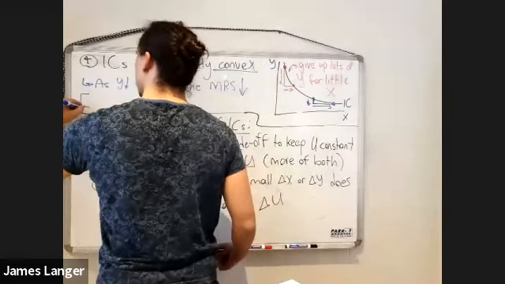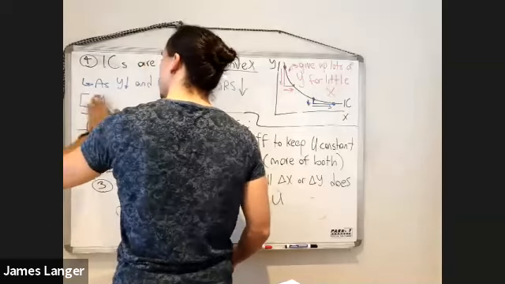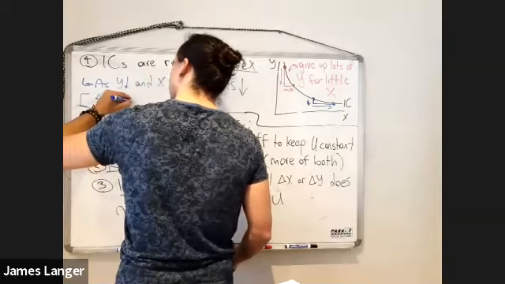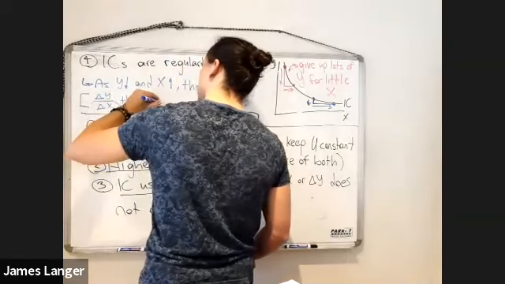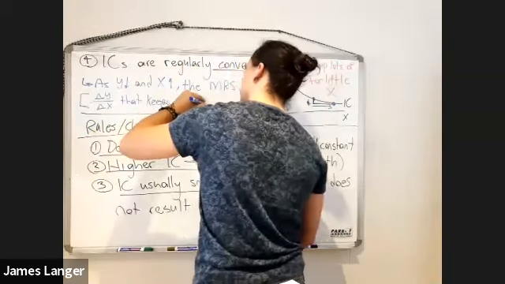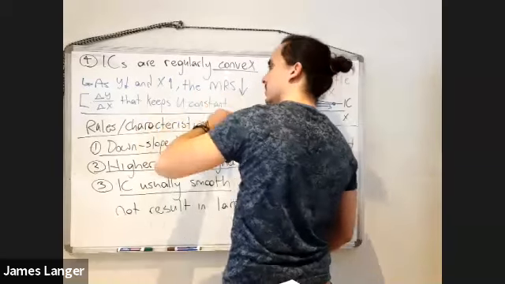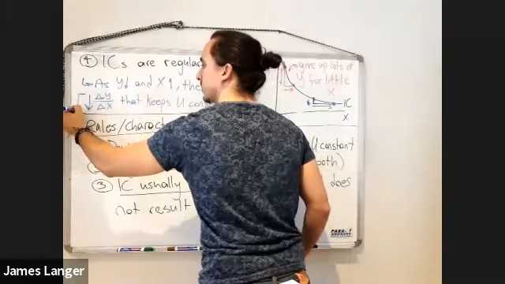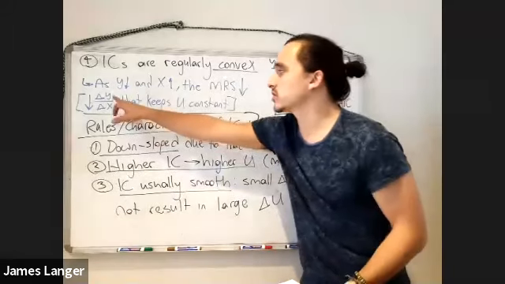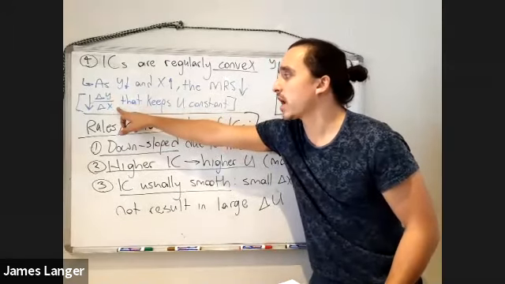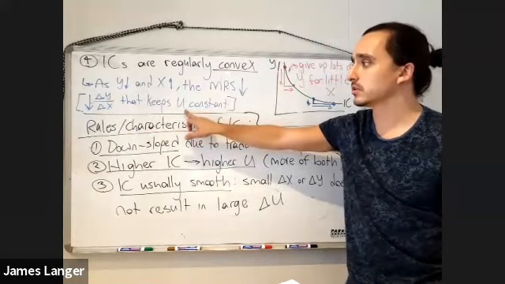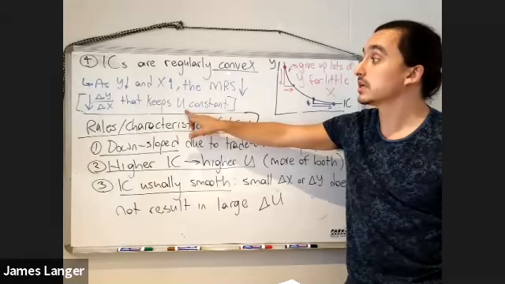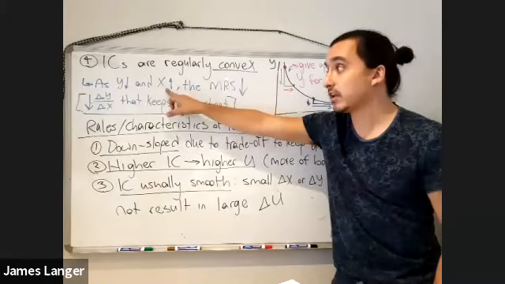In other words, the change in y over the change in x that keeps utility constant, right? So we see there's a decrease in the amount of y that you need to give me for x to keep utility constant, right? There's been a decrease, right? Because I don't have a lot of y and I have a lot of x.